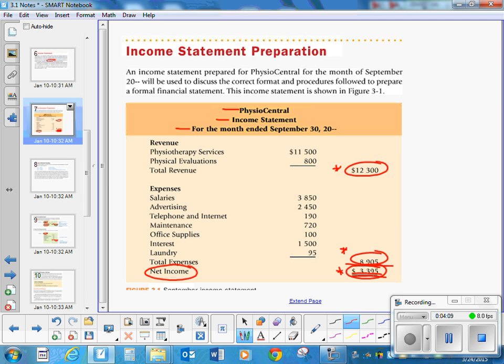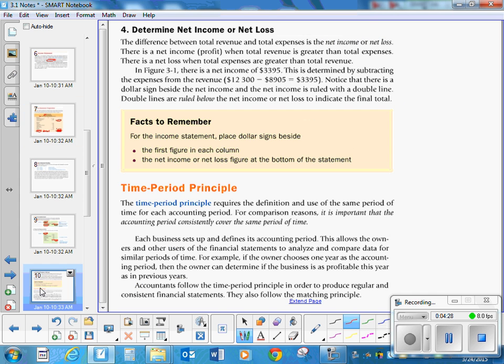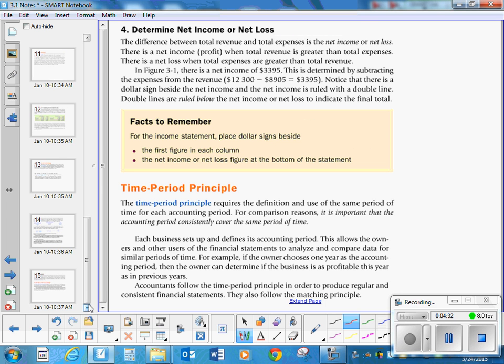If your revenue were lower than your expenses, you would not use a negative sign, but you would use the words net loss over here. The words net loss signify that you have lost money. So that is how you figure out your net income or your net loss.